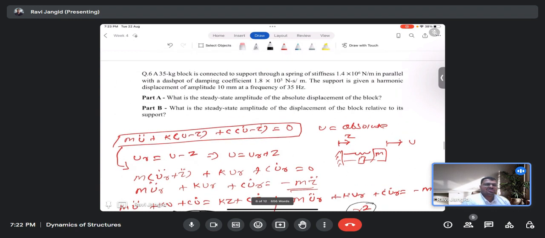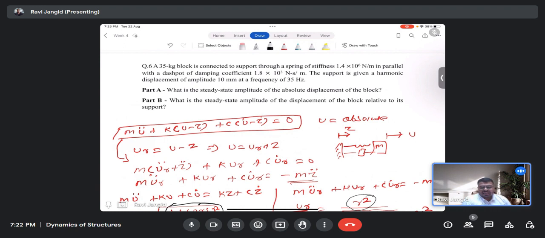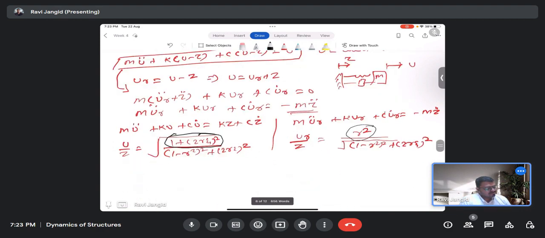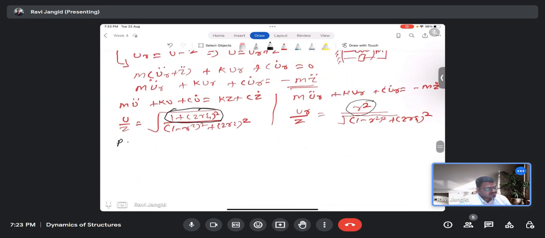First, let us solve the tutorial questions, then you can go with the assignment questions. Here is what they have given us. Let us go with part 1, where we need to determine the absolute displacement. For this, I require r and damping.